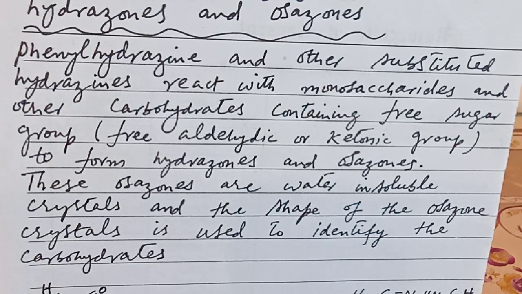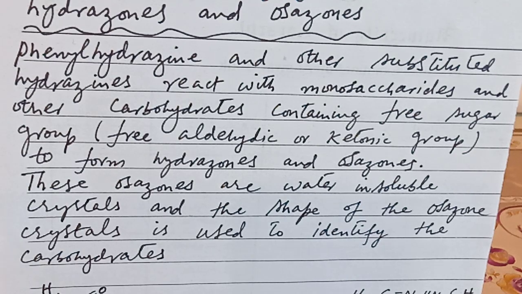Understand this point. When you react the monosaccharide glucose with this phenylhydrazine chemical reagent and heat it in a boiling water bath for about 45 minutes, crystals will be formed during the boiling water bath process.